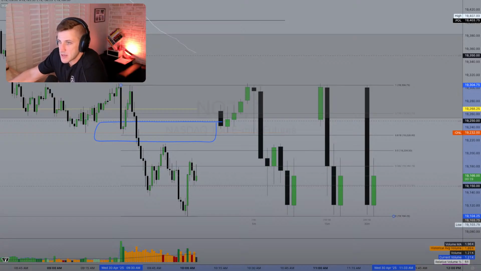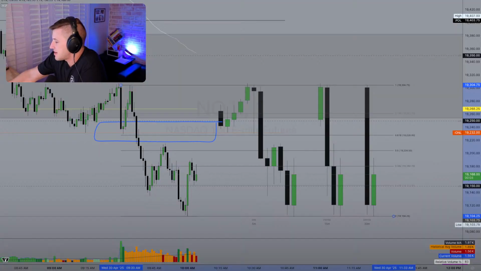I think bears are going to be more worried about the 250. That's the structural, the big structure point. 19250, it's the breakdown point.